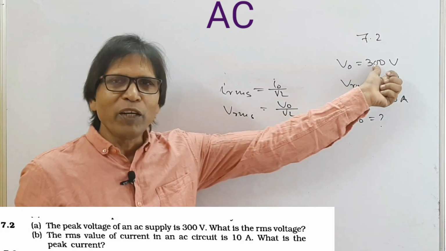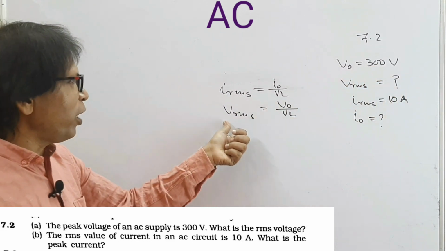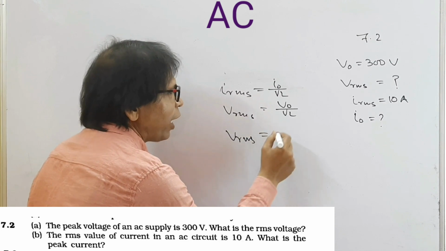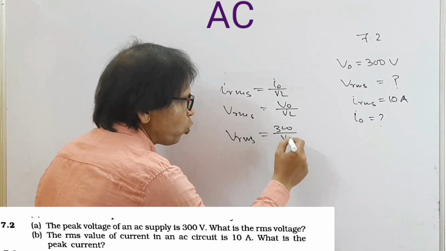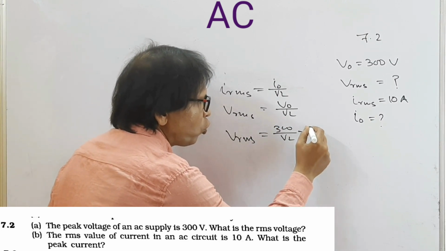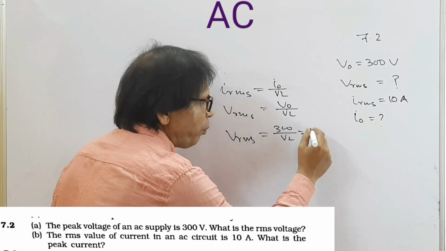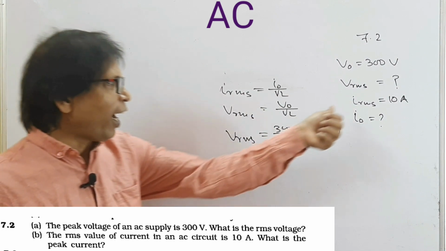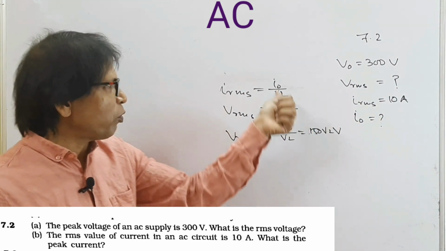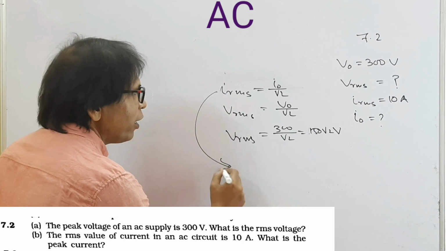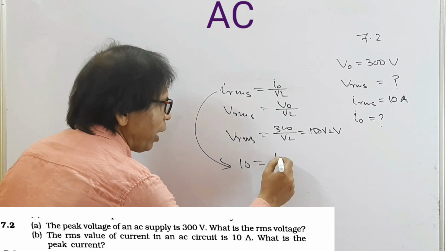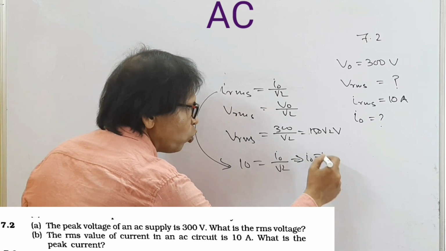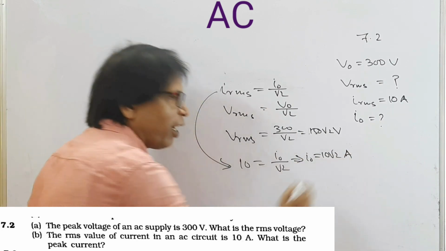Here V naught is given, we have to calculate V RMS. So V RMS is equal to 300 by root 2, which is 150 root 2 volt. Now here I RMS is given, we have to calculate I naught. So 10 equals I naught by root 2, so I naught equals 10 root 2 ampere.